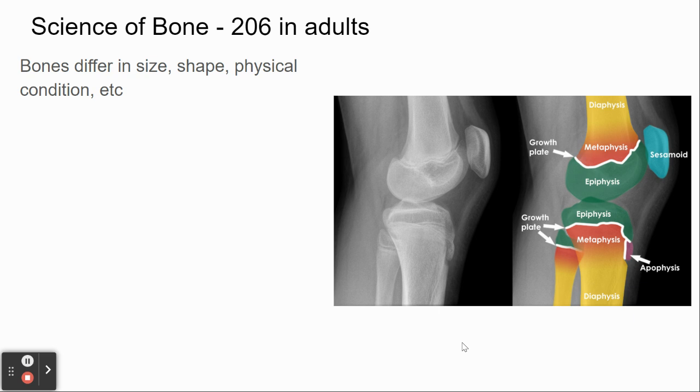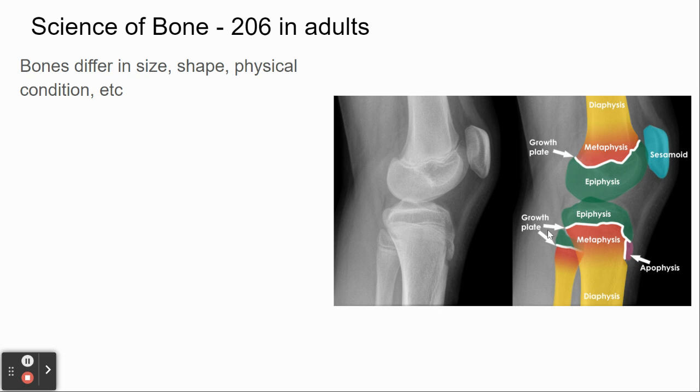Which is good. But even among individuals of the same sex or same ethnicity, you're going to have slight variations that will exist. Not oftentimes really big variations, but slight variations that you'll often see.